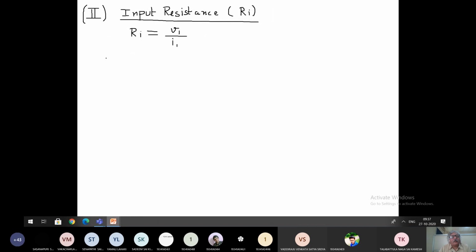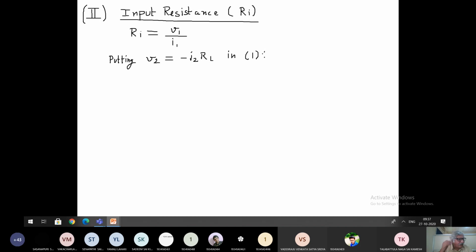Now what we will do, we will put V2 is equal to minus I2 RL in equation number 1.